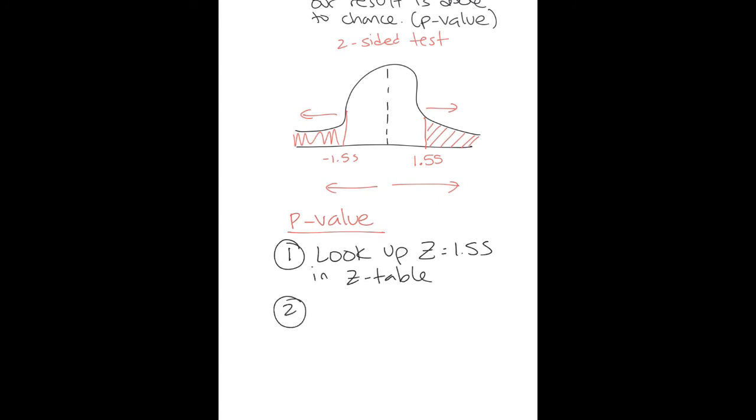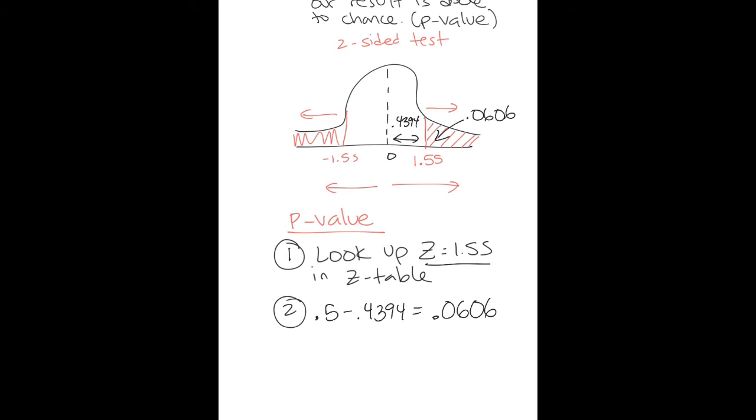We find that the area between 0 and 1.55 is equal to 0.4394. So in order to get the area in this tail, we do 0.5 minus 0.4394, and we get 0.0606. Okay, so that's this side.